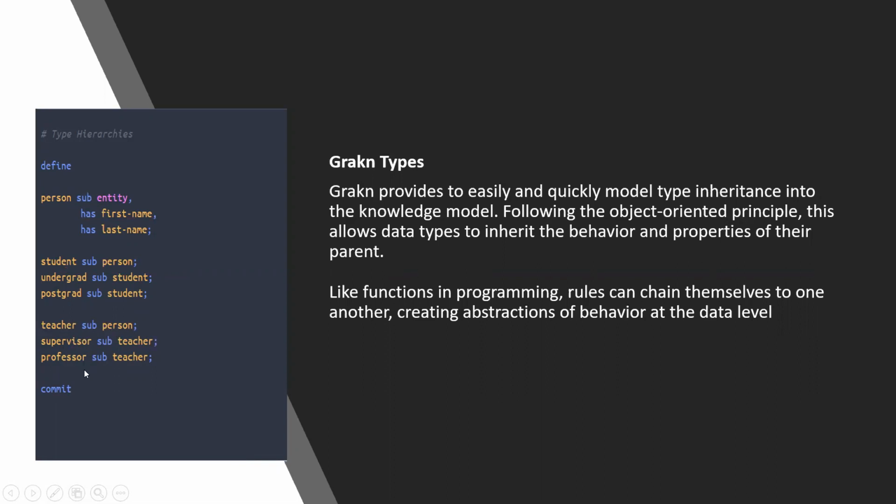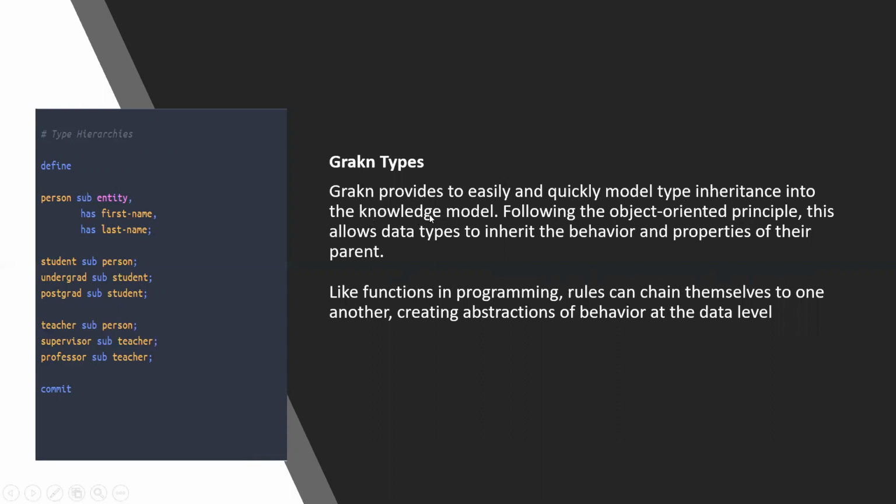This is the inner level of entities. So my parent entity is person, it has first name and last name, but this person again has a sub entity student, which again has undergrad and postgrad. Teacher is again a sub entity of person, but teacher may have under it supervisor and professor.